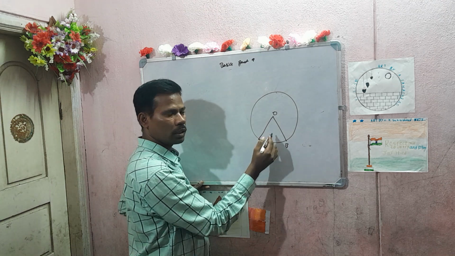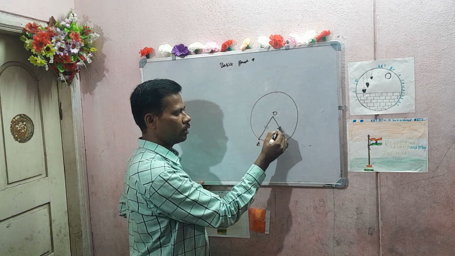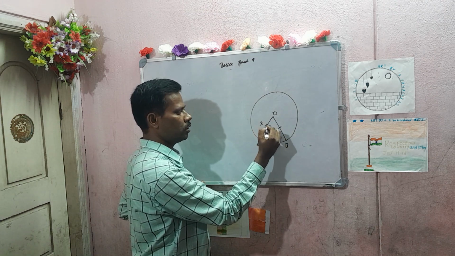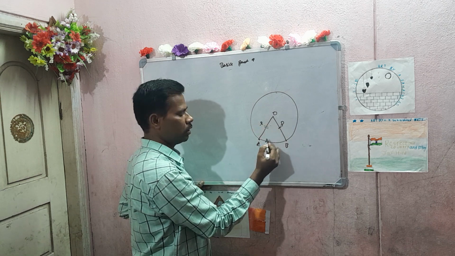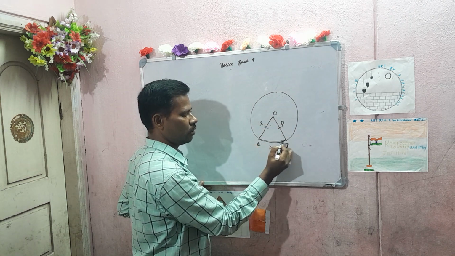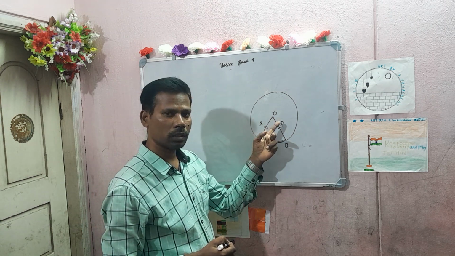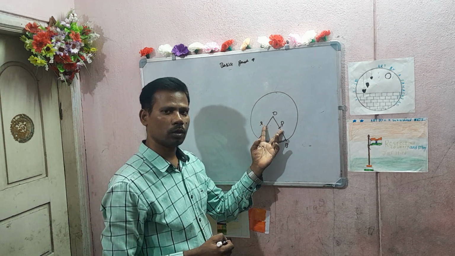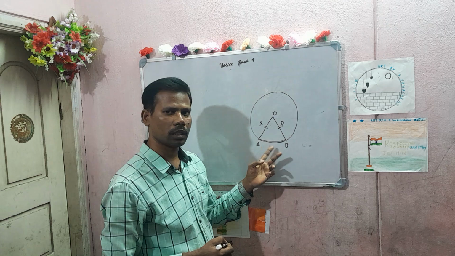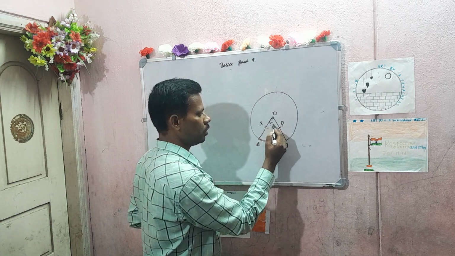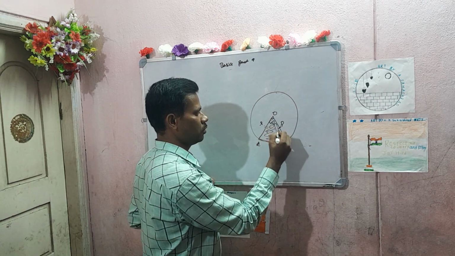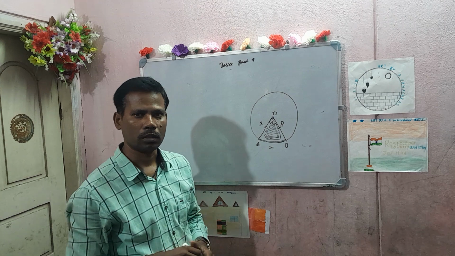A sector is bounded by two radii and an arc of the circle. Sector means this region. This is called the sector.